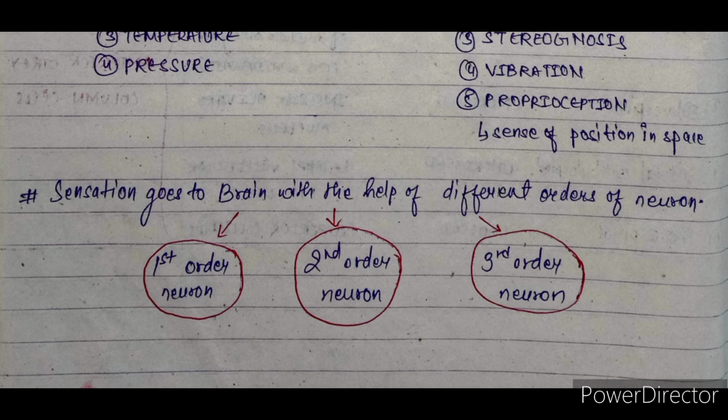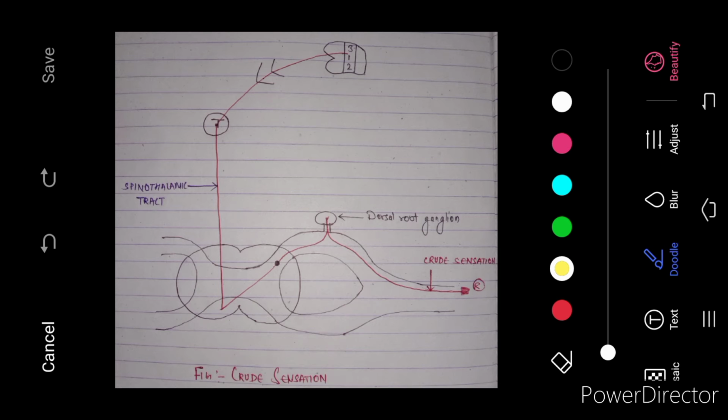The ascending tract is required for the sensation to travel to the primary sensory area of the brain, that is area number 3, 1, 2. So there are 2 different tracts for crude as well as fine sensations. First, let's start with crude sensation.